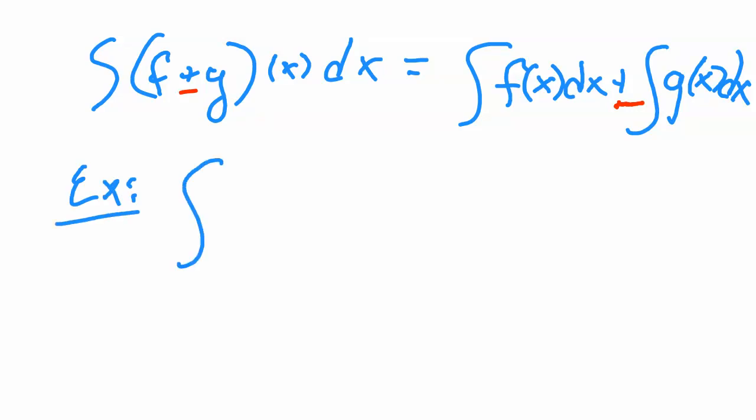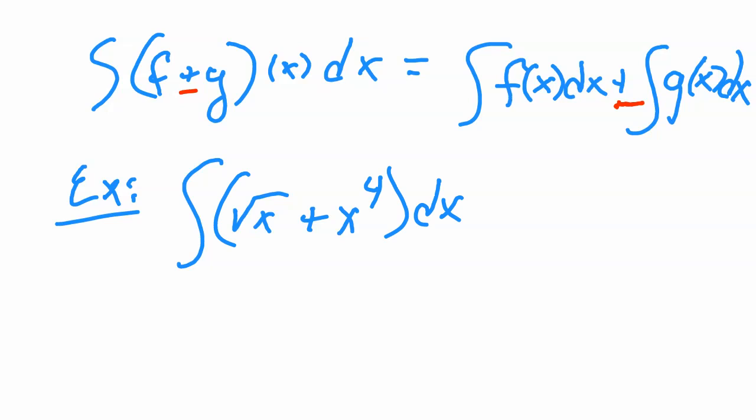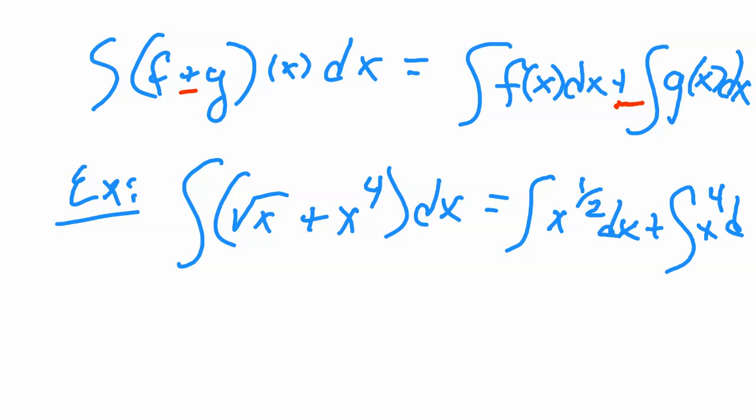If I've got the antiderivative of the square root of x plus x to the 4th with respect to x, this is going to equal the antiderivative of, I'm going to write it as a power, x to the 1/2 dx plus the antiderivative of x to the 4th dx.